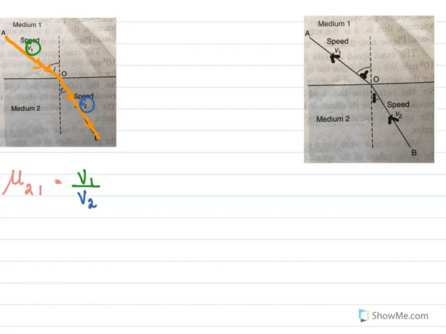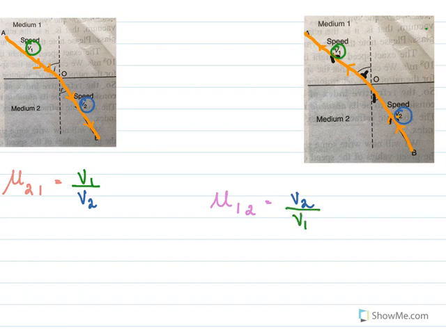Now if we reverse the light, if it travels from medium 2 to medium 1 in this direction, the refractive index that we get will be of medium 1 with respect to 2. We know this speed is V1 and this speed is V2, so this would be speed in V2 over speed in V1.